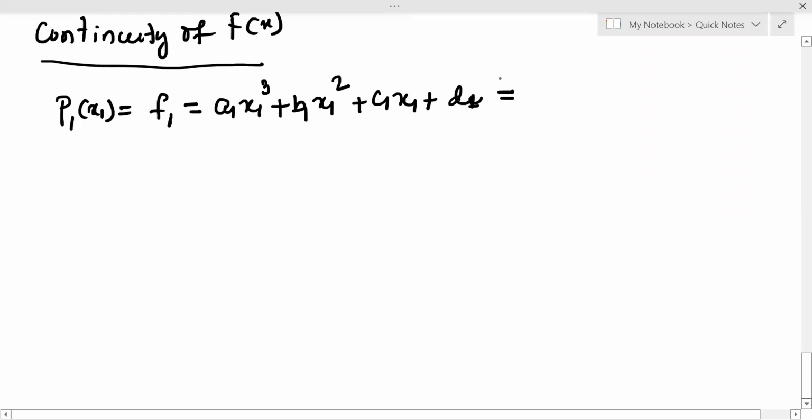Whenever you substitute 1 in place of x, then this value becomes a1 plus b1 plus c1 plus d1. P2(x1), that is just naming as the function of F1, which is equal to P2(x1).